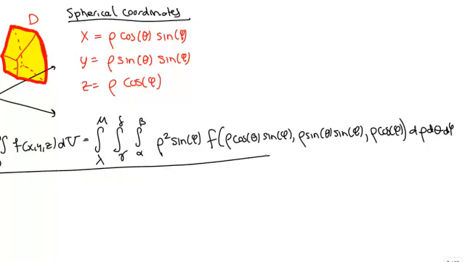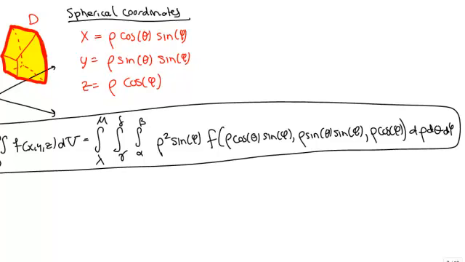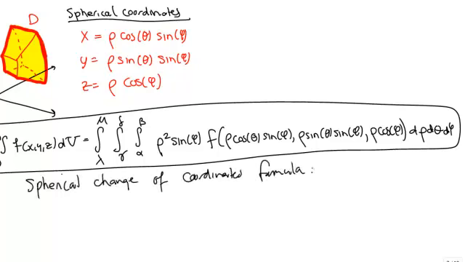And so this particular formula right here is sometimes called the spherical change of coordinates formula.